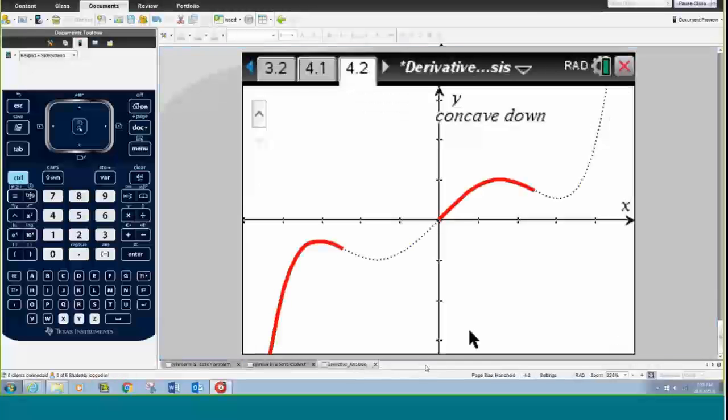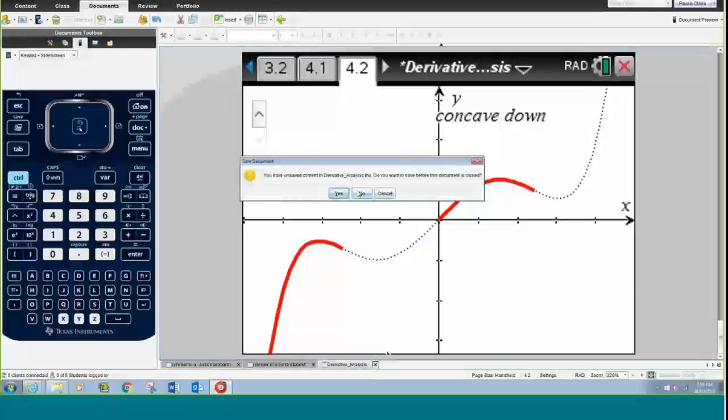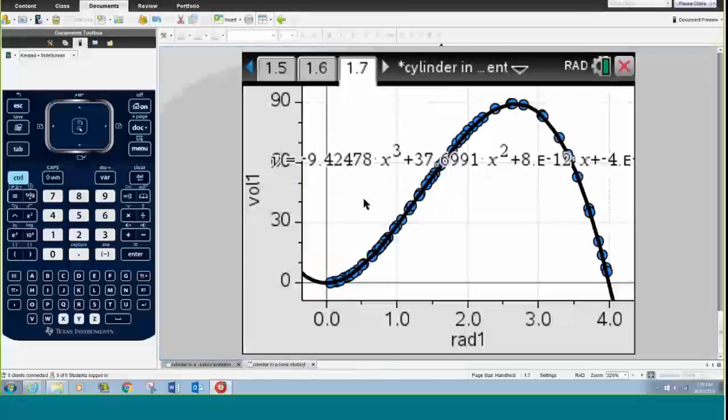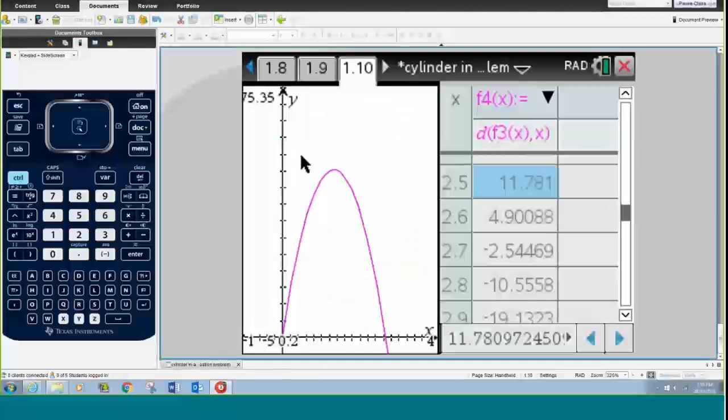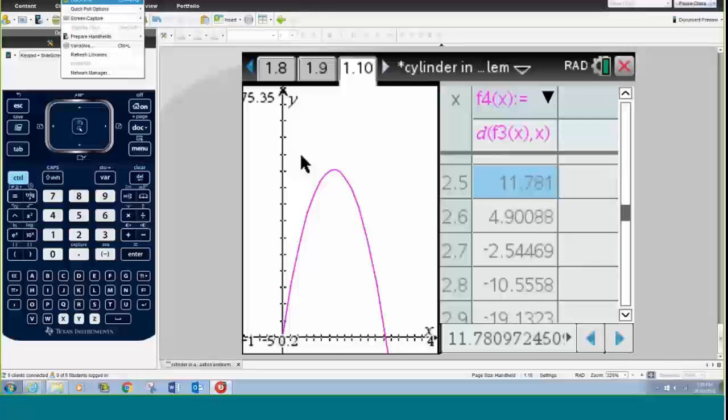Now, what I would like to show now is what we have in 4.2. I actually had my class open here. If we go to tools, and you see in tools, that's a navigator, but that would be in the teacher software as well.